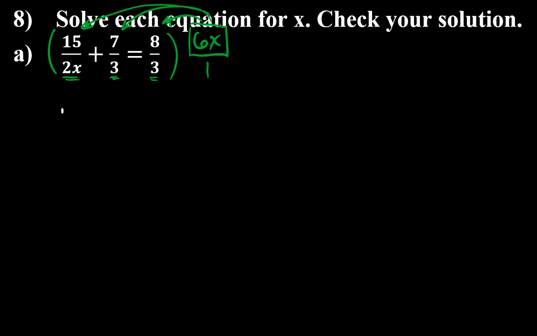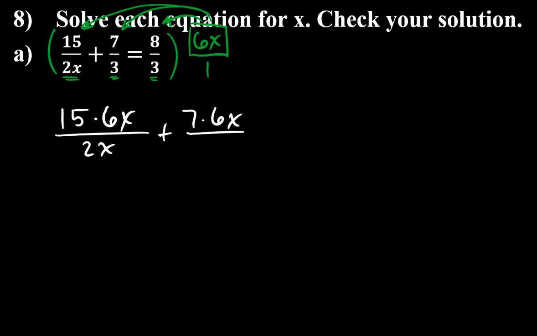So if I rewrite this, you can see I'm going to have a 15 and then times 6x over 2x, and then plus 7 times 6 times x all over a 3, and that will equal 8 times 6 times x over a 3. To be real clear here, every single one of these numerators received a factor of 6x.